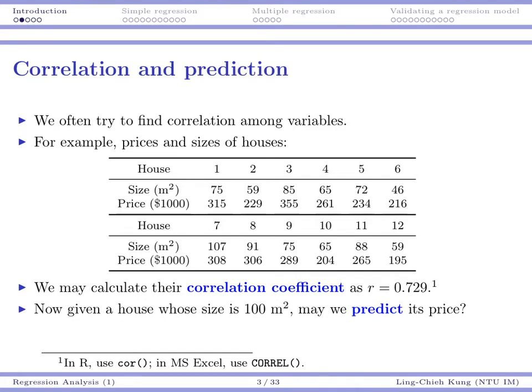I certainly know that price and size has correlation, has some relationships. I even know that the correlation is highly positive. Okay, the correlation is very strong. But even with that information, how may I make some predictions from size to price? That's the first question we want to ask.